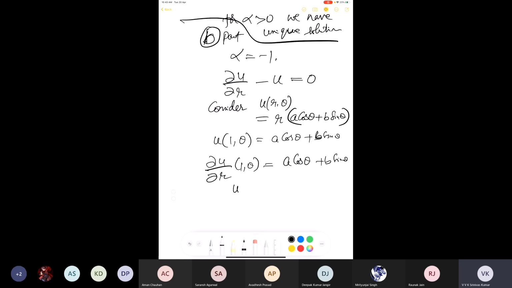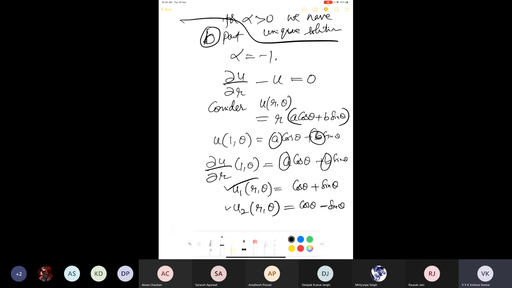You can take one solution u1(r, theta) equal to cos theta plus sine theta, and u2(r, theta) equal to cos theta minus sine theta, because a and b are arbitrary constants. So I can take a equal to 1, b equal to 1 in one case, and a equal to 1, b equal to -1 in the other.